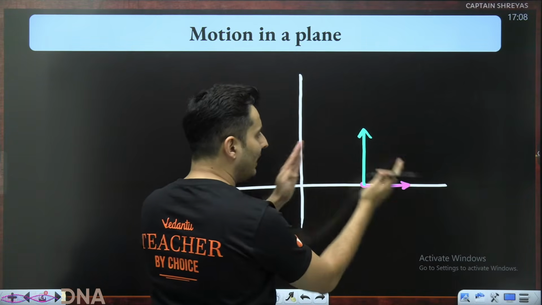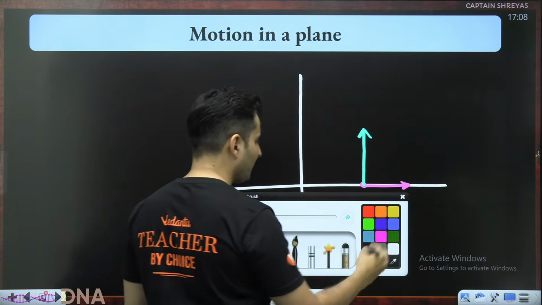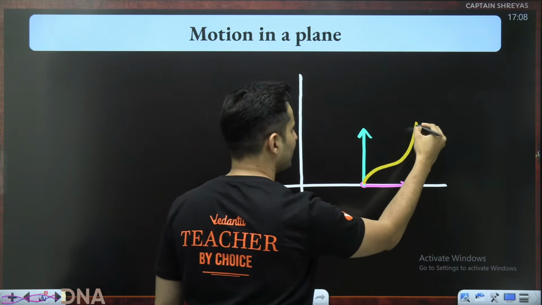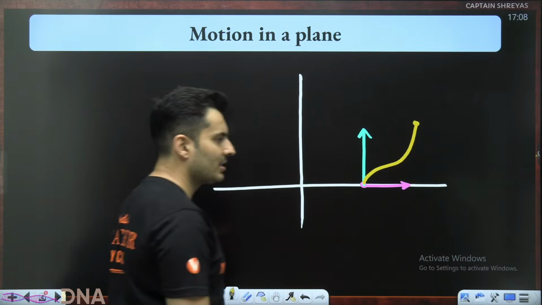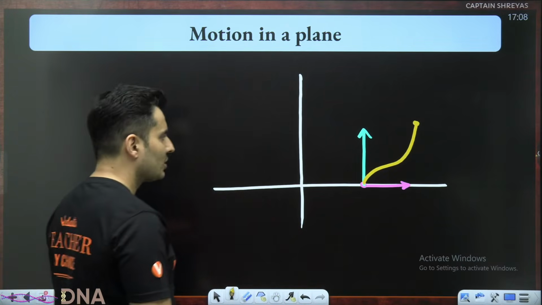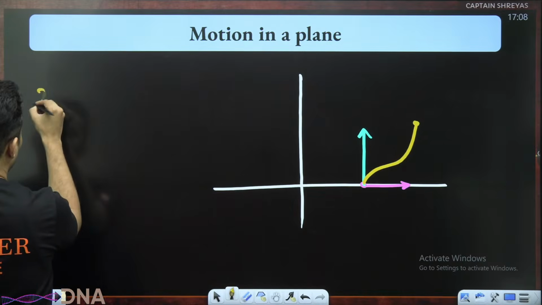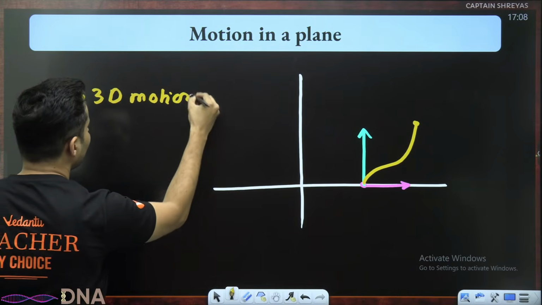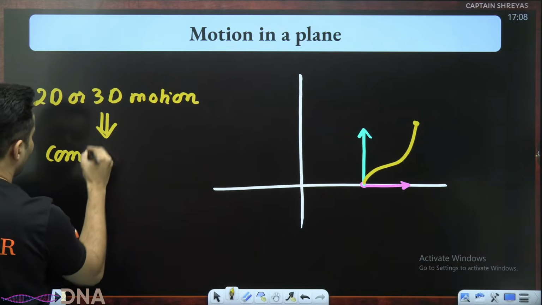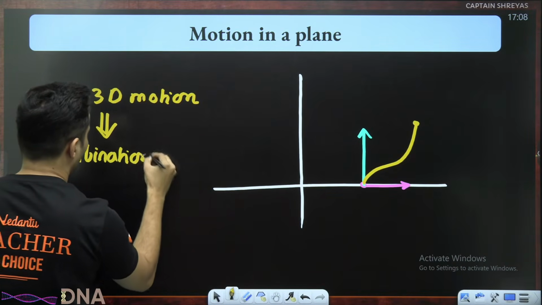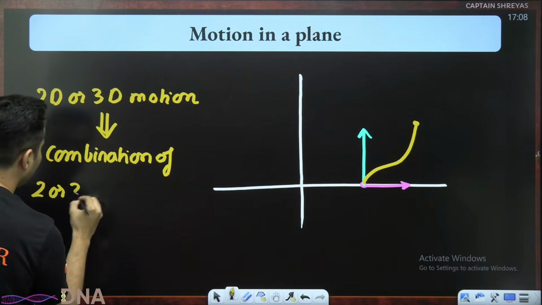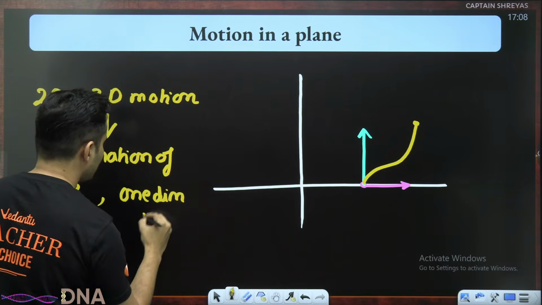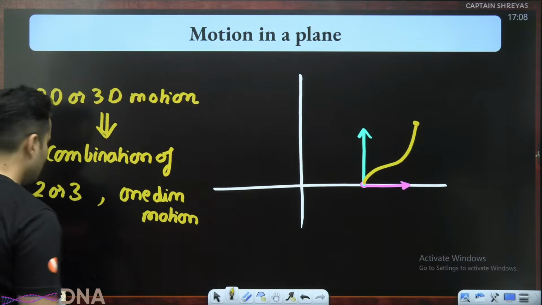So if you combine two one-dimensional motions together, what you get is the net motion of that particular particle. Maybe it has gone here and here like this till this point. So you will get a two-dimensional motion. That's all it is. At the end of the day, a two-dimensional or three-dimensional motion is nothing but the combination of two or three one-dimensional motions. As simple as that.